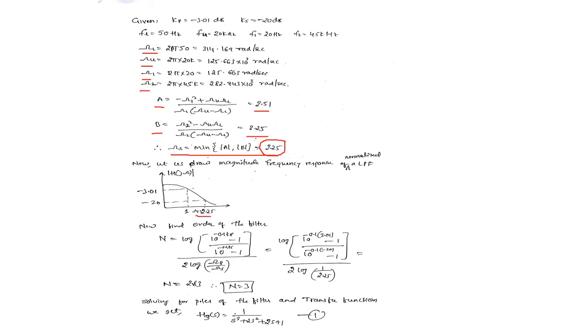So omega S of the normalized low pass filter is 2.25. Similarly, now calculate the order of the filter n. We'll get n equal to 2.83, rounded off to n equal to 3. Now simplify and we'll get the transfer function H3 of s equal to 1 upon s cube plus 2s square plus 2s plus 1.